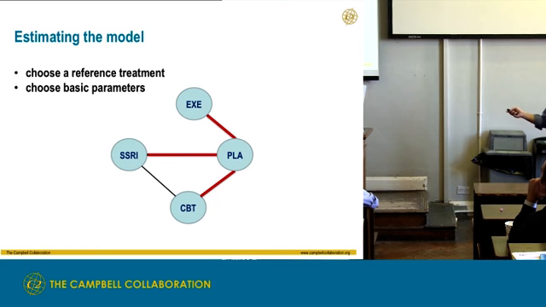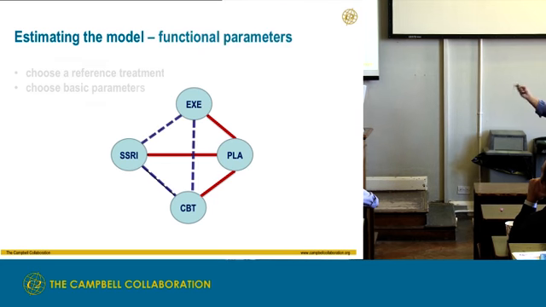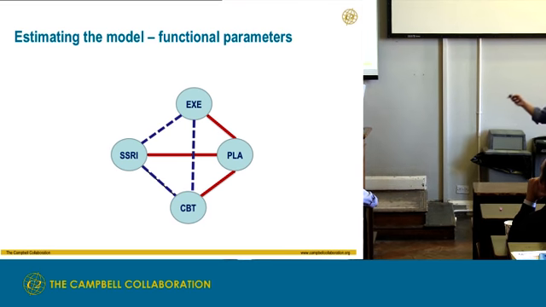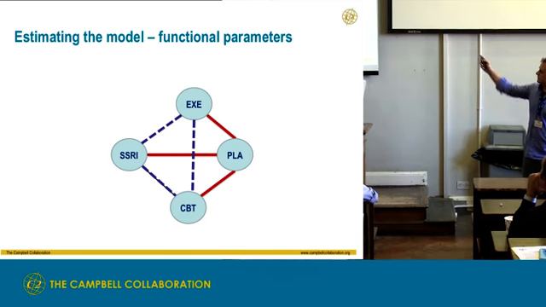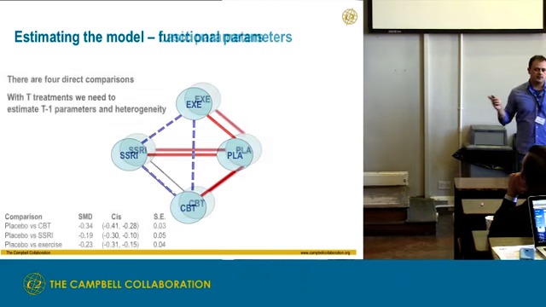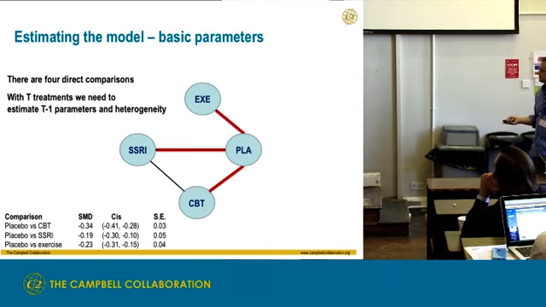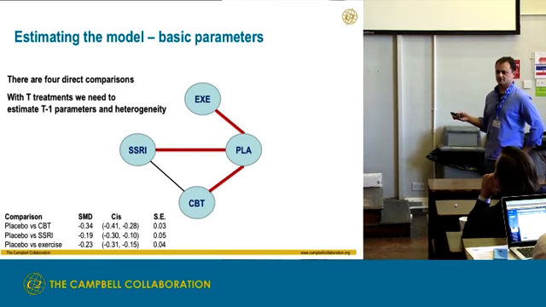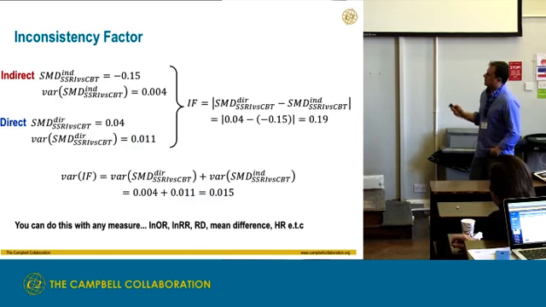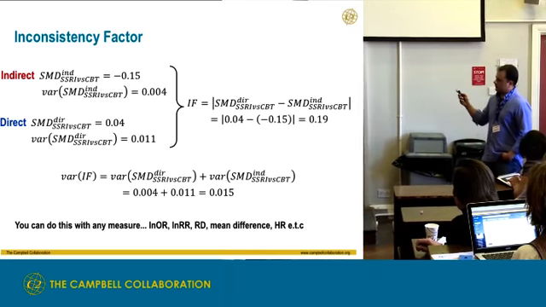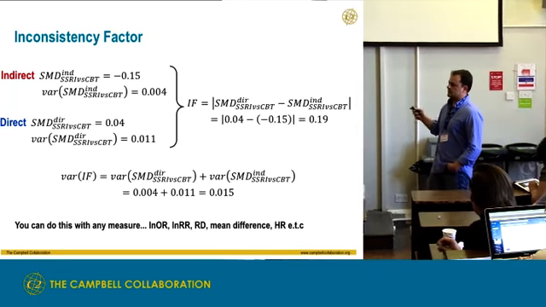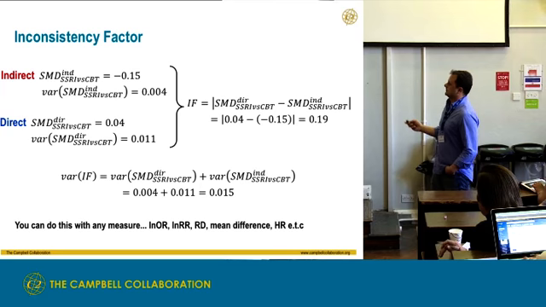And from that point on, I can estimate the relative effectiveness between all the other pairs of interventions because they are just functions of these basic parameters. Any questions? Yeah.